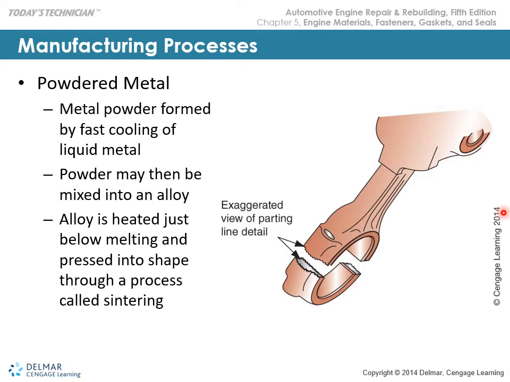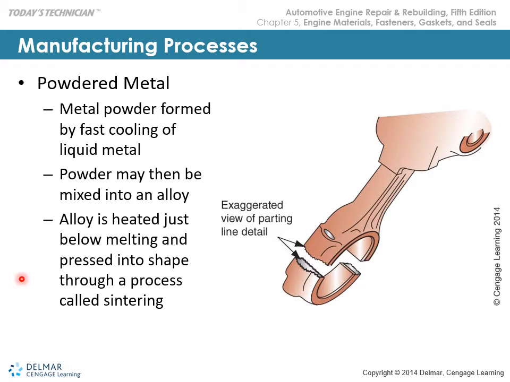The parting line is very unique to each fracture, so you have to keep track by marking or etching. You can't put numbered stamps on these powdered metal rods, they will crack. So you have to mark these as they come apart and make sure that you're match lining these perfectly, otherwise you'll have a unique problem with the engine.